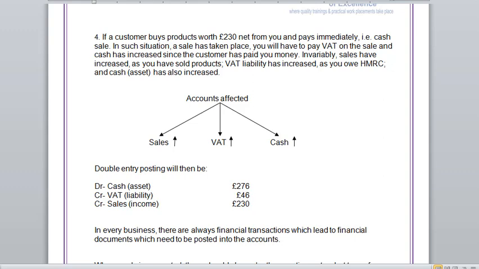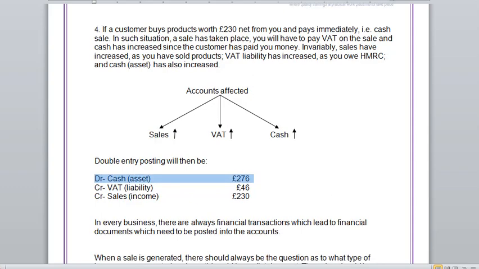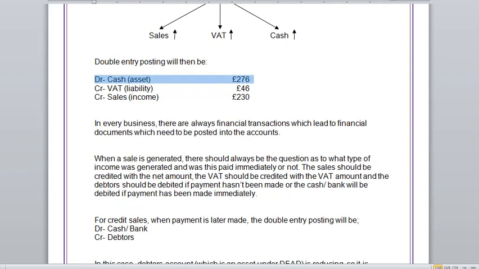As I said 2 seconds ago, invariably, sales have increased as you have sold. VAT liability has increased as you owe HMRC, and the cash account has also increased. So we have the same scenario, but in this case, they are paying you immediately. So you have cash of £276 being debited to the cash account.